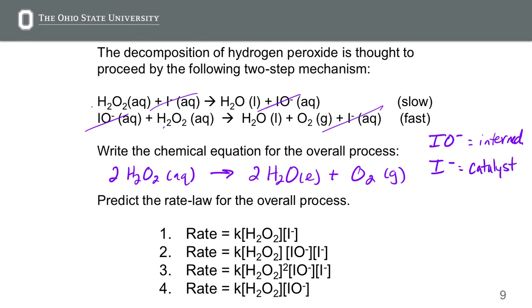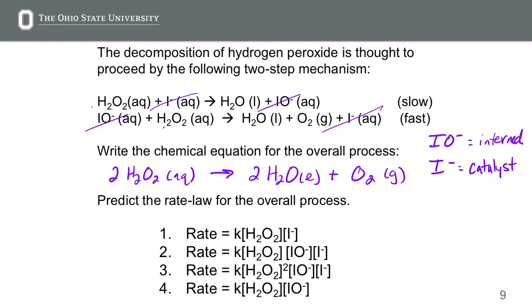So catalysts are not consumed during a reaction. They also make the reaction occur more quickly. Still, it does not show up in the equation for the overall process. There are ways to indicate that this reaction requires a catalyst, but at this point we don't need to worry about that.